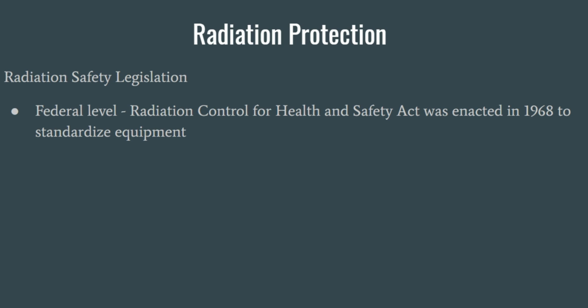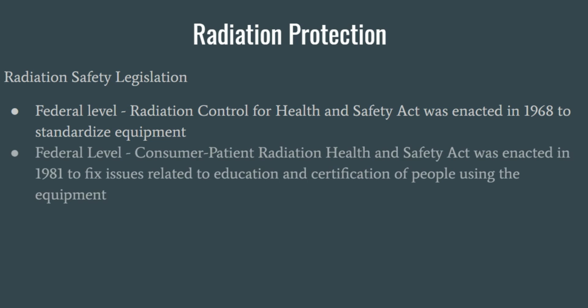So now basically all radiology equipment is very similar, especially the inside of the components. That way, if something's wrong, it's a little bit easier to understand, and any technician that understands the basic concept of how these machines work can come and fix it.